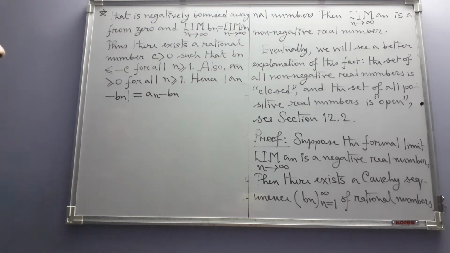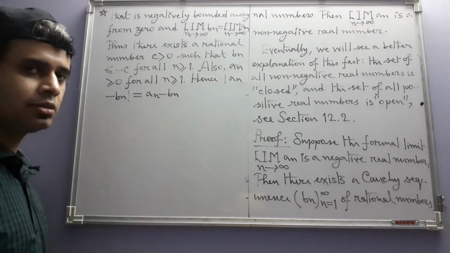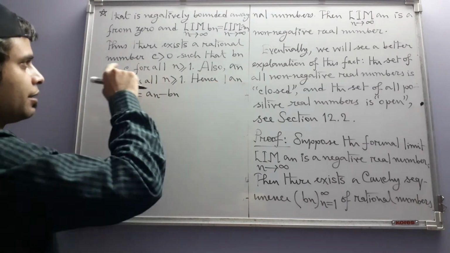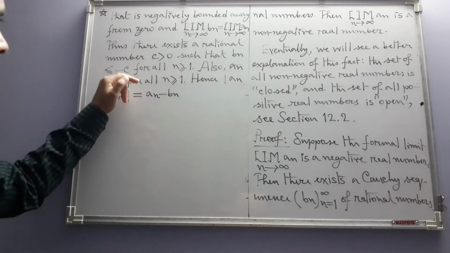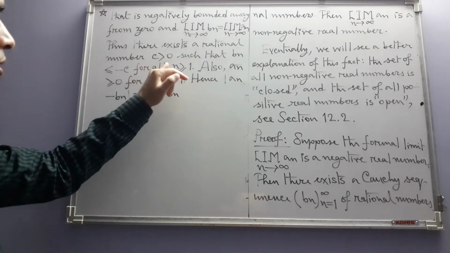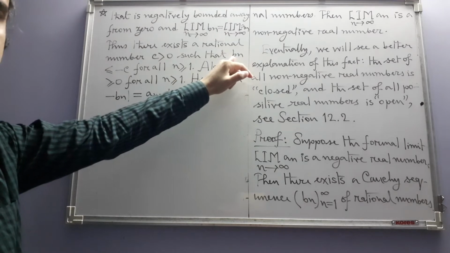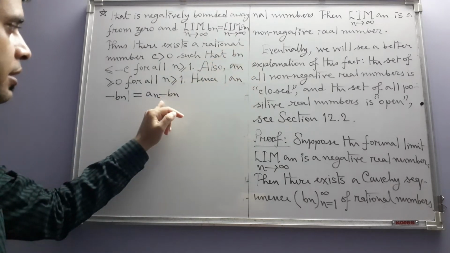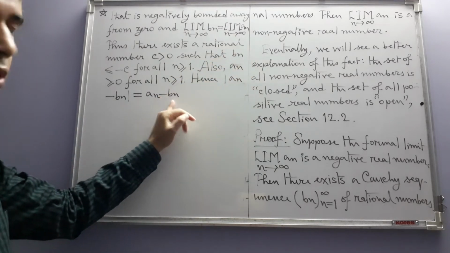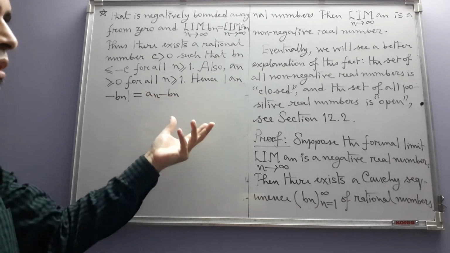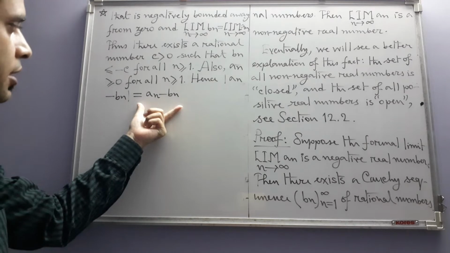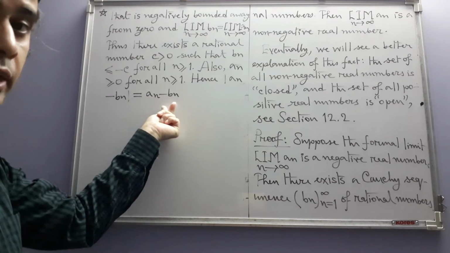Why? an is already given to be non-negative, and because each bn is less than or equal to minus c, where c is positive, so each bn is negative. That means each minus bn is positive. So a non-negative an plus a positive minus bn gives us a positive an minus bn.